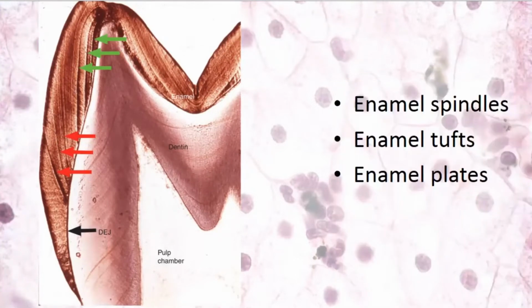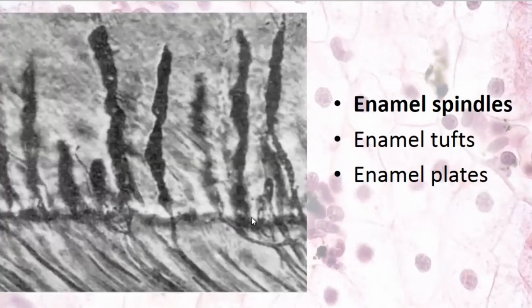And also enamel contains different less mineralized regions, called enamel spindles, enamel tufts, and enamel plates. What are they? Enamel spindles are places where processes of odontoblasts enter the enamel. They are located near the enamel-dentine junction, and in some cases long processes of odontoblasts enter the enamel, and they are visible there as enamel spindles.